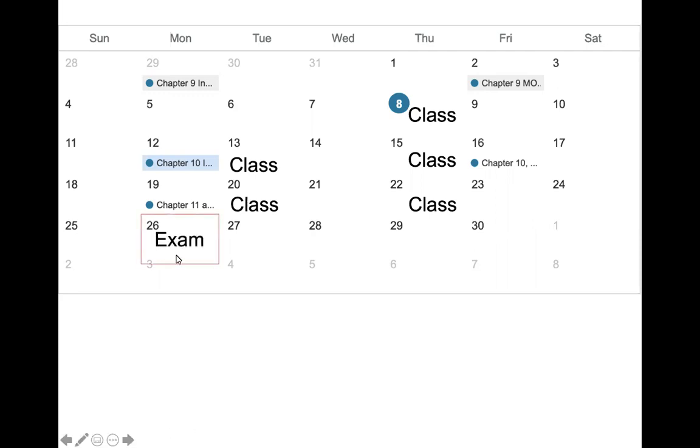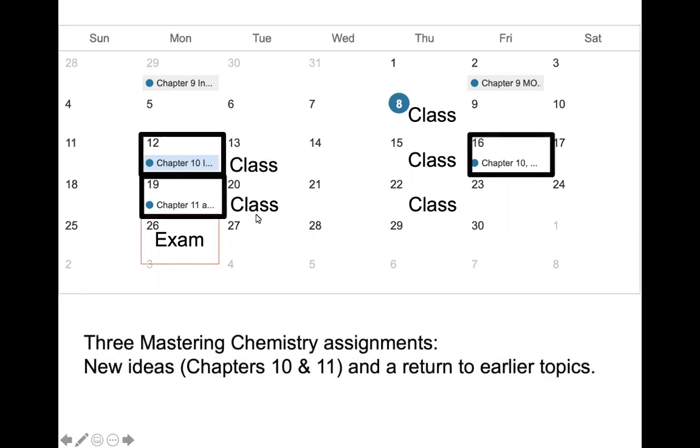We know when the final exam is going to be. I've placed 3 different homework assignments leading up to that final one. These are the last 3 Mastering Chemistry assignments we're going to have in the course. I try to balance and bring in some new ideas from chapters 10 and 11, but in each of those, about half of them are questions from earlier in the semester: chapters 2, 3, 4, 5.